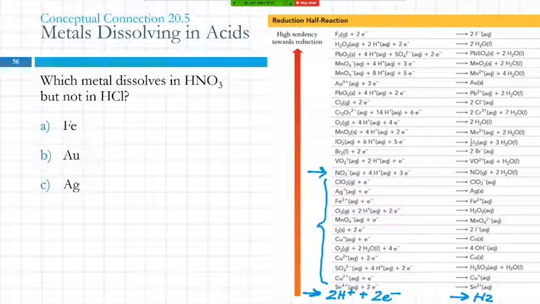So which one do you see in there? Wouldn't we have to pick one above the nitric acid? No, because the nitric acid is being reduced and the metal is being oxidized. So the metal has to be below.